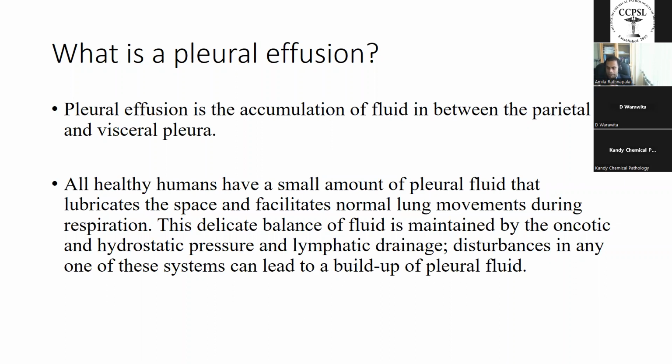It is produced by the cells in the pleura, and then it is absorbed by the lymphatic vasculature in the pleural cavity. Unfortunately, if there's any imbalance in this equilibrium, it will cause accumulation of pleural fluid.